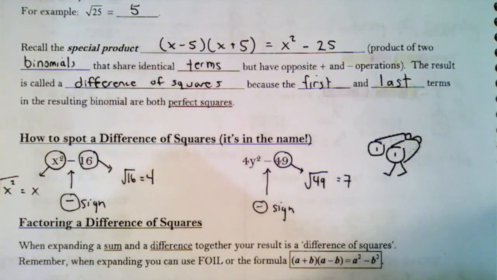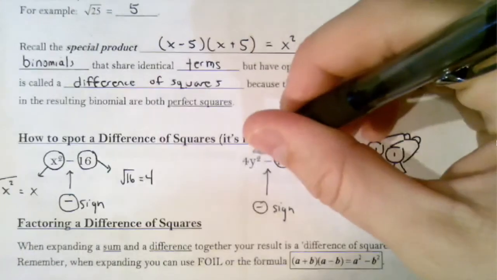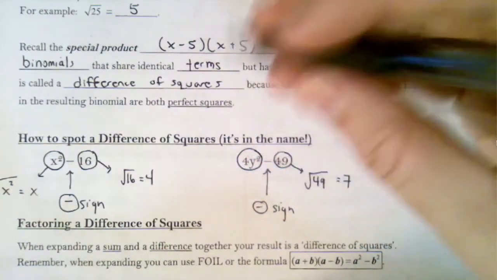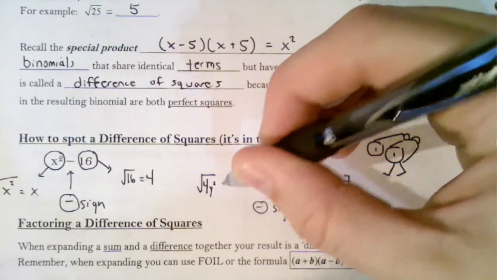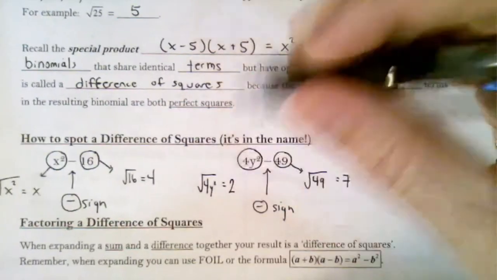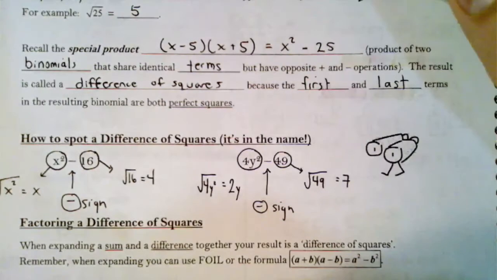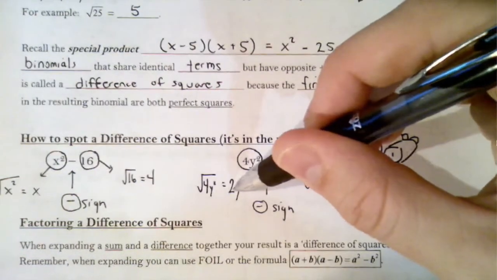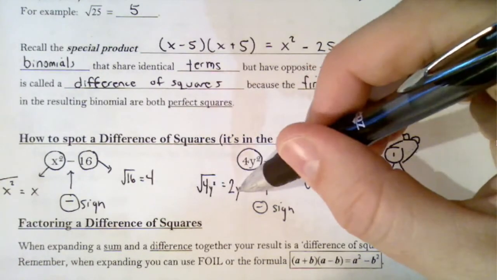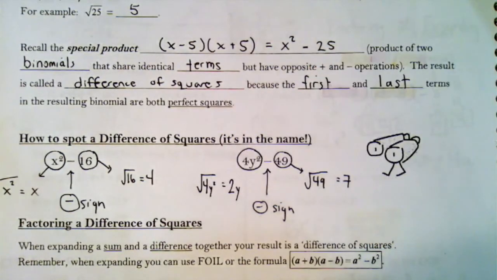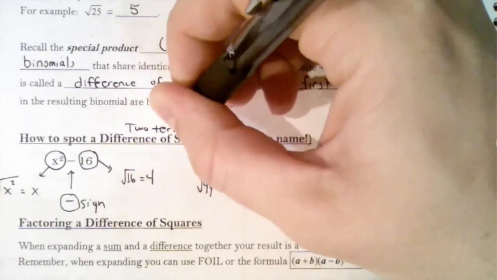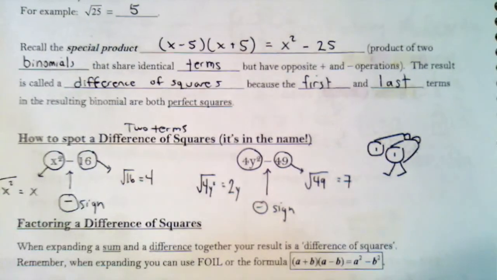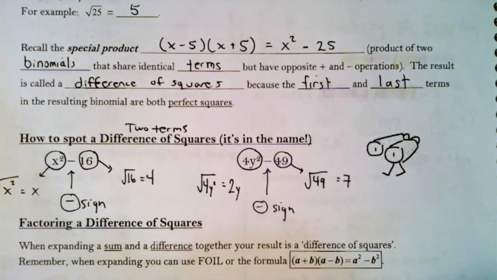So x squared is also a square. 4y squared is also a square, because if we square root it, well, the square root of 4 is 2, and the square root of y squared is y, because 2y times 2y, 2 times 2 would give us the 4, and y times y would give us the y squared. So these are both squares. So that's how you spot a difference of squares. It's got two terms with a minus sign in the middle of the terms, and you can square root both terms.